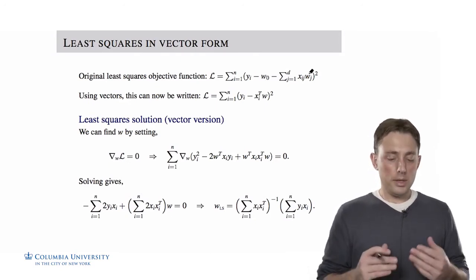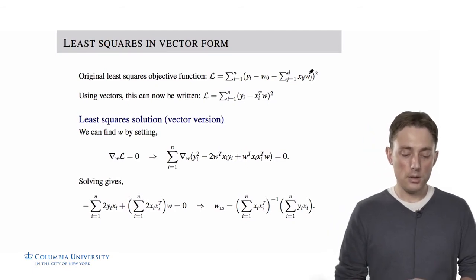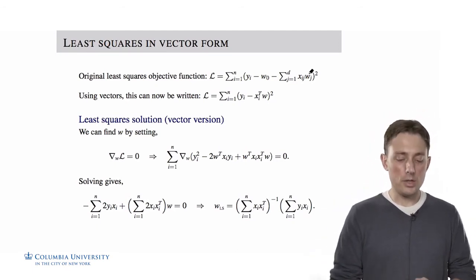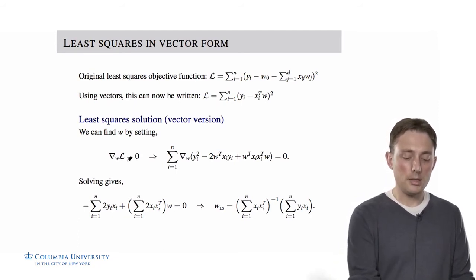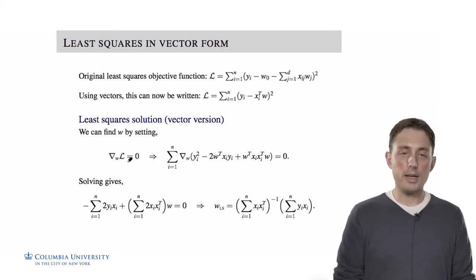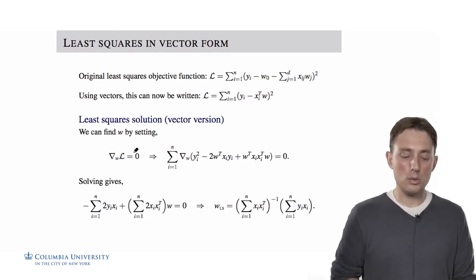So now our goal is to minimize this objective function in the vector w. And we see immediately why it's nice to have this vector notation. What that means is we simply want to take the gradient of the objective function with respect to the vector w and find the point at which it's minimized, meaning the point at which the gradient is equal to 0.